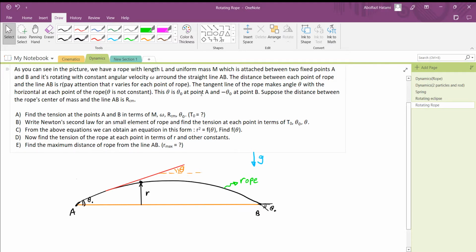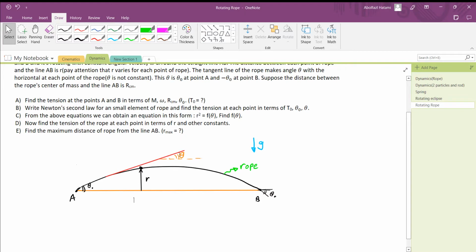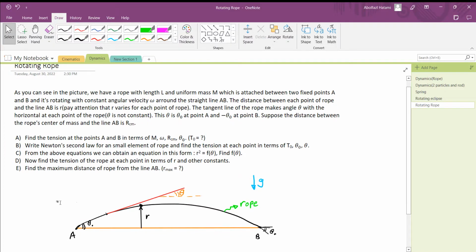Actually it is obvious. The tangent line of the rope makes angle theta with the horizontal at each point of the rope, and theta is not constant. I showed it in the picture. This is theta. For example, at this point of the rope we have a tangent line, which is the red line, and it makes the angle theta with respect to the horizontal, the x-axis.